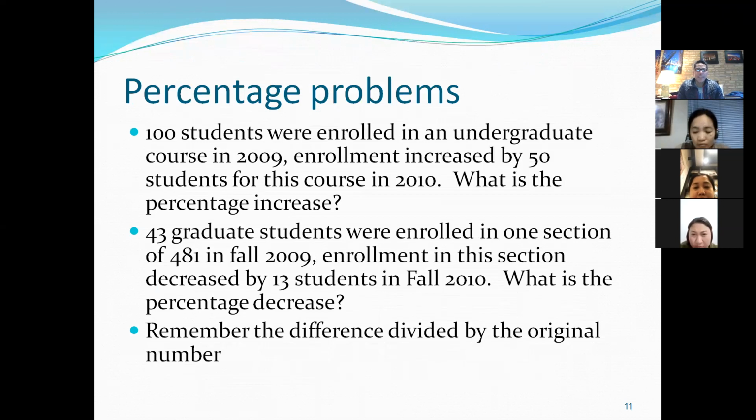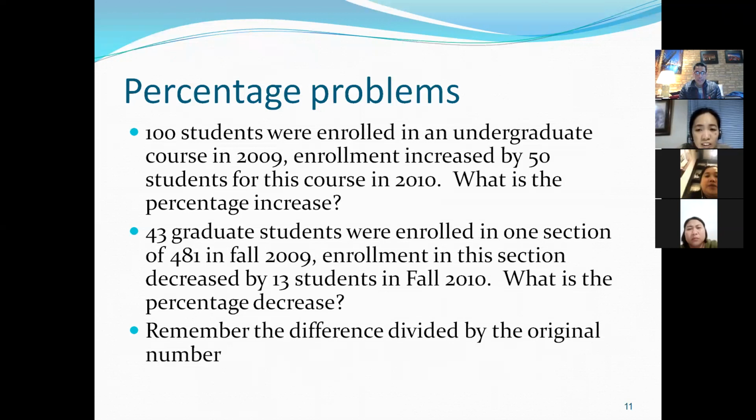What is the percentage decrease? So the 43 minus 13 becomes only 30.